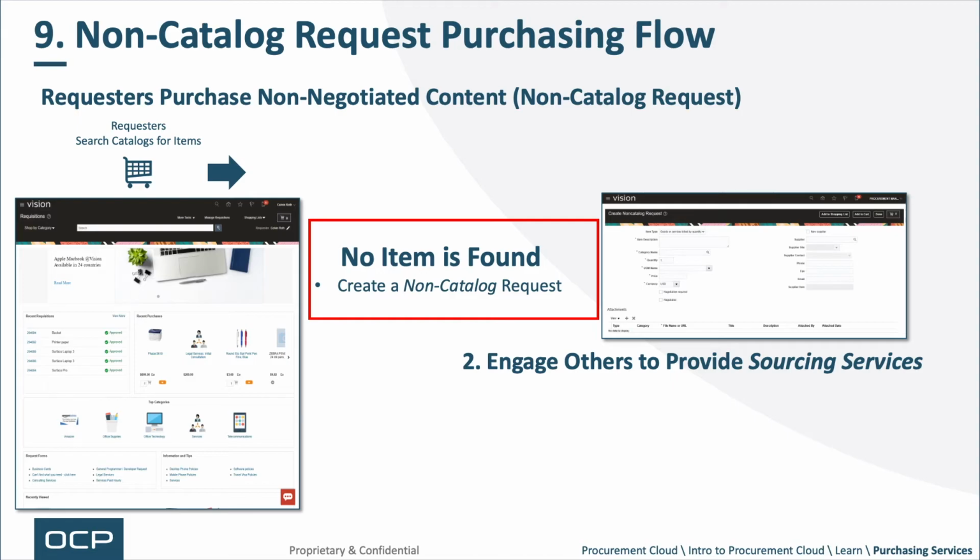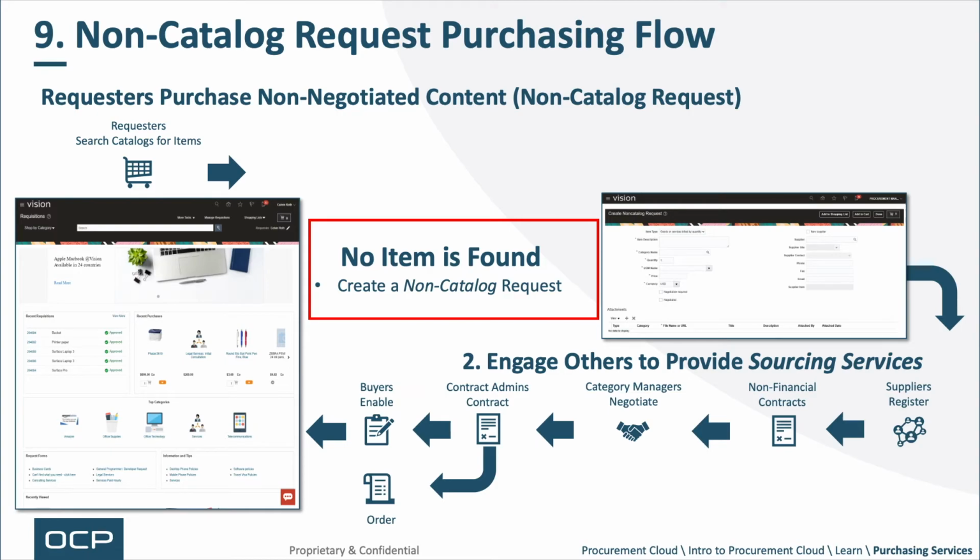But again, just for the complete picture, we then have a series of different tasks, where not all of them have to be performed. If you're selecting a new supplier, then that supplier needs to be added. You might have some non-financial contracts like a non-disclosure. You might even have some other pre-purchase contracts like a master hosting, master services, or master end user license. Then, when the supplier or bidder has been appropriately enabled, category managers will seek to negotiate, again depending on business rules.